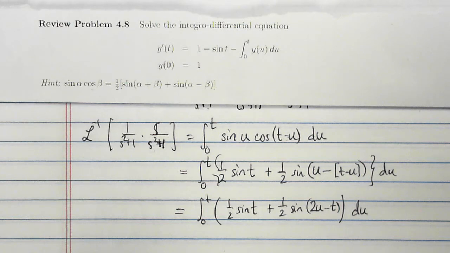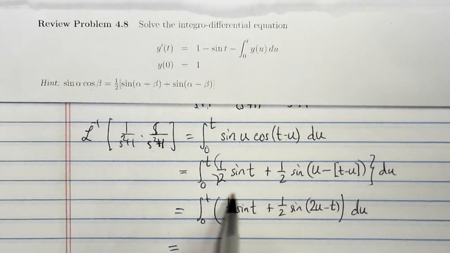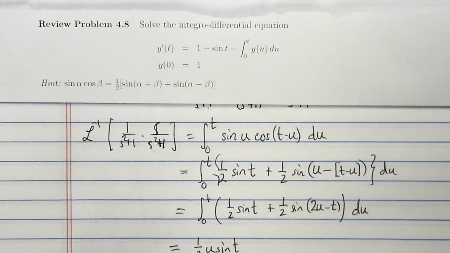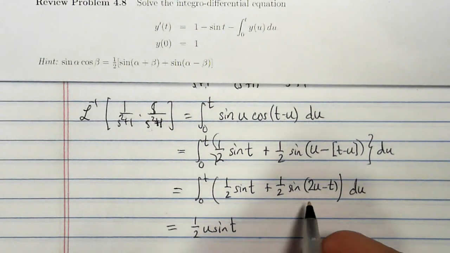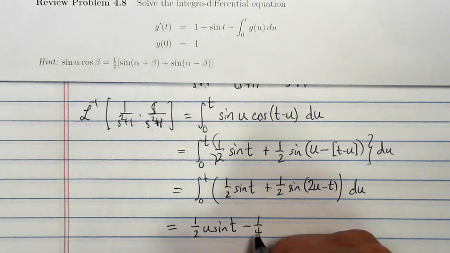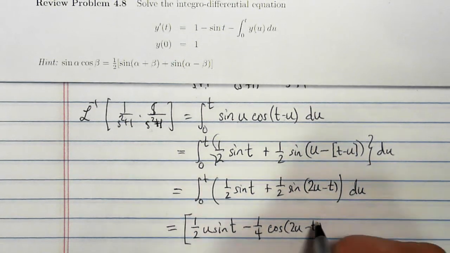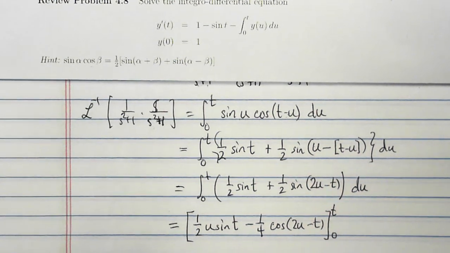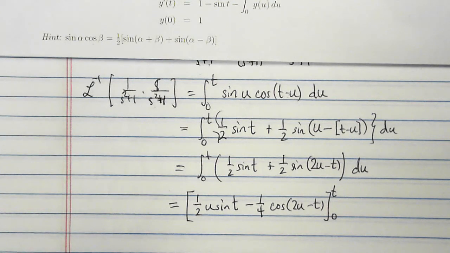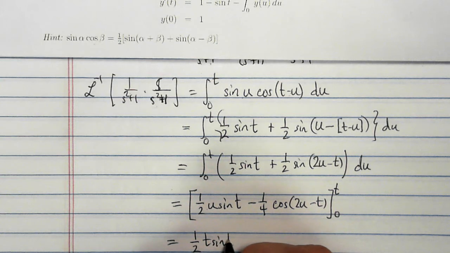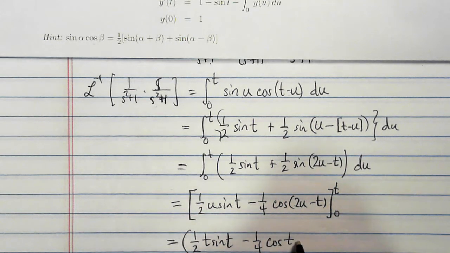Okay, so from this point forward, we need to take the integral. The integral of this with respect to u is going to be 1/2 u sine t. The integral of this with respect to u is going to be negative 1/4 of cosine of 2u minus t, where I'm evaluating from 0 to t. If I plug in u equals t, I get 1/2 t sine t minus 1/4 of cosine of 2t minus t, which is cosine t.